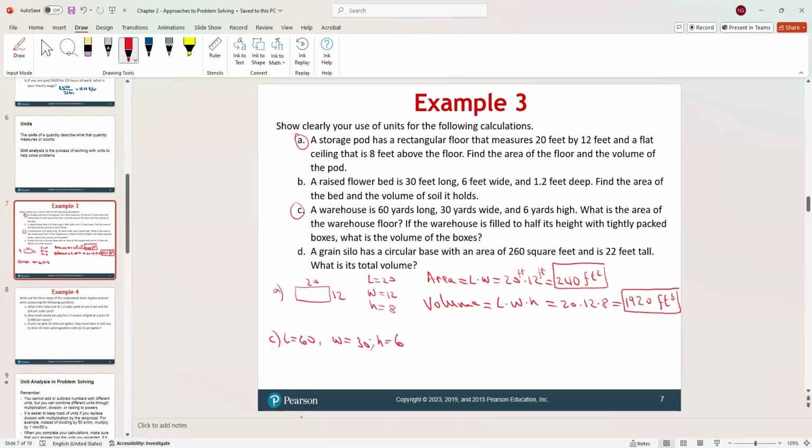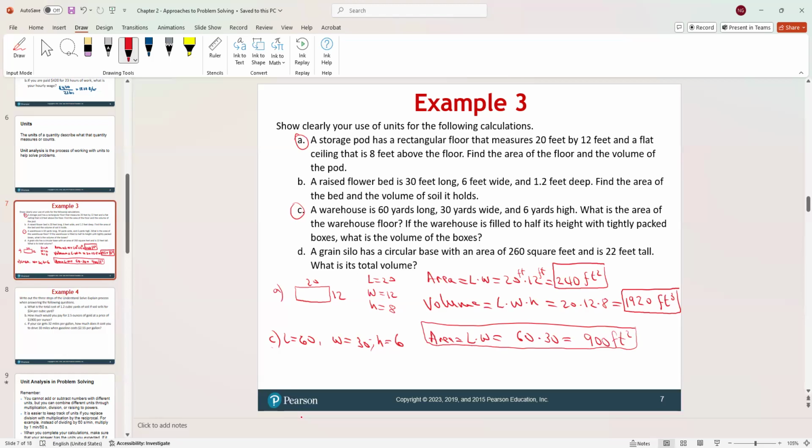Now, again, what they ask you to find is the area. When they ask you to find the area in this case, it's length times width. That means 60 times 30. If you multiply, that gives you 1800 square yards. Remember, area is always in square units. Volume is always in cubic units.